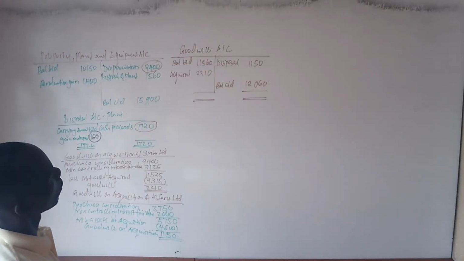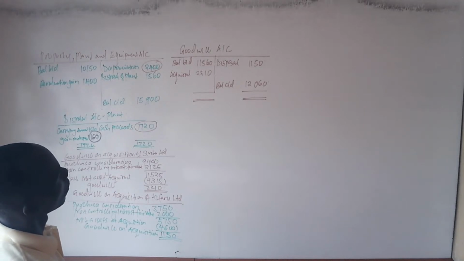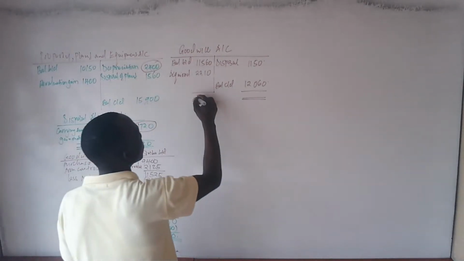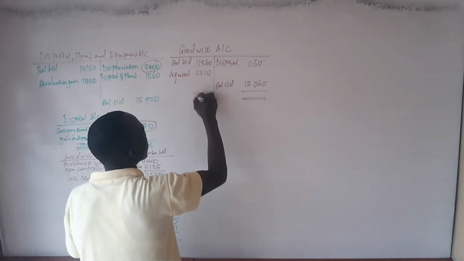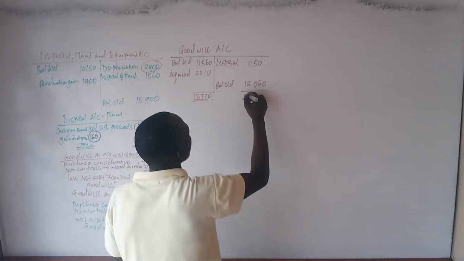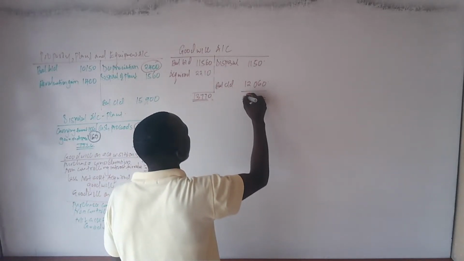The credit side is more. 11,560 plus 2210, 13,770. The debit side is 12,060 plus 1150. How much? 13,770. And this one? It is the same.